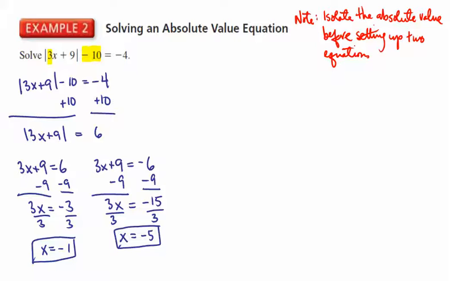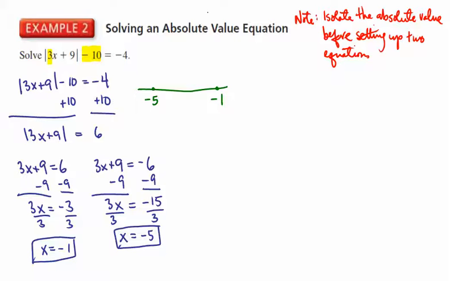Now, we can construct an equation after the fact. The fact that we're multiplying 3 times x plus 9 makes this a little more complicated to graph at the beginning, but we can graph from the end. We start off by plotting our two answers, negative 5 and negative 1.